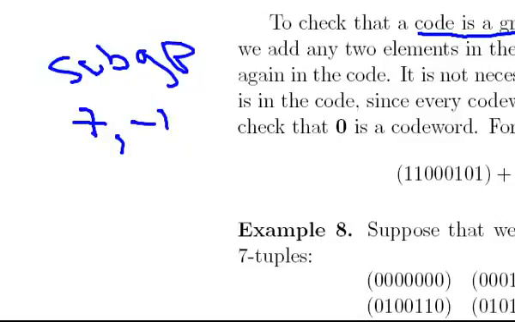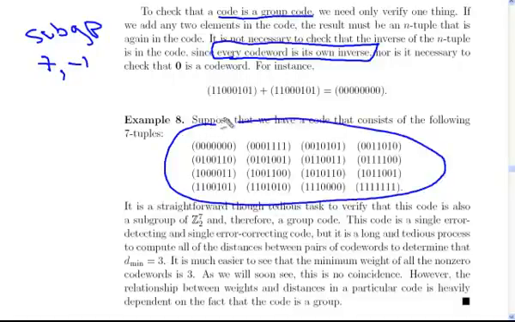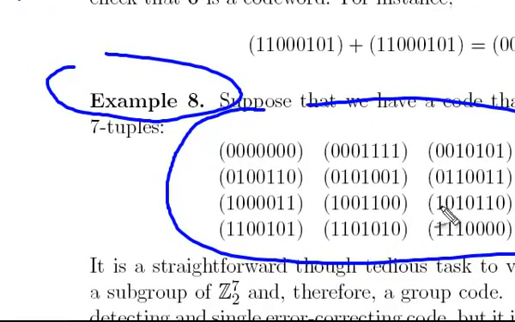Now, one of the nice things about group codes is that every code word is its own inverse, and you can think about why that is. Try some examples and I think you'll see. So in order to have a group code, all you need to do is have a set of code words that is closed under addition. Okay, now for example, suppose we wanted to verify that this is a group code.